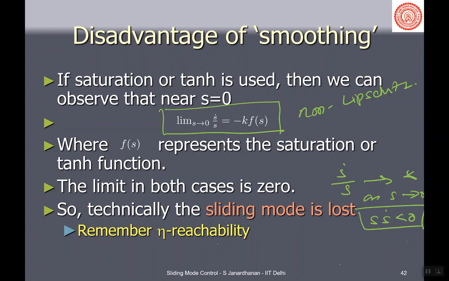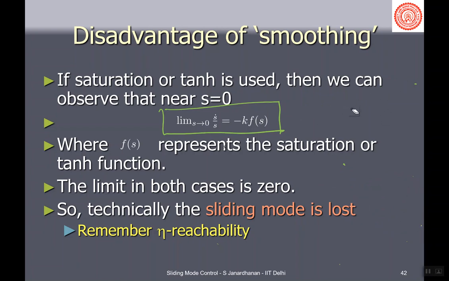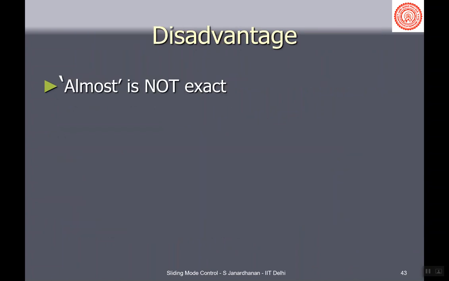This is what we want, a non-Lipschitz condition, and it doesn't get satisfied in the case of the tan h and the saturation function, the smoothing functions. That is why we end up with a situation where the sliding mode is not achieved in finite time, and we lose the basic property.